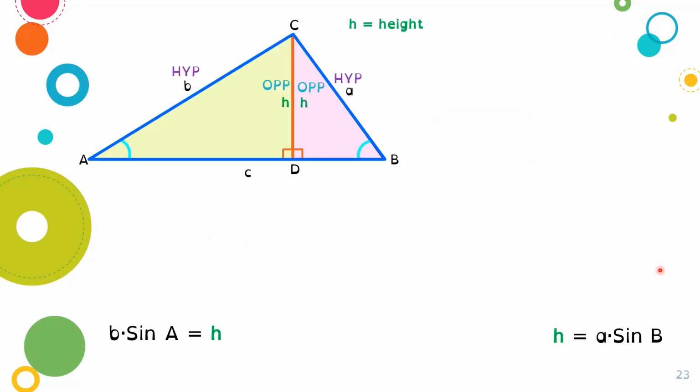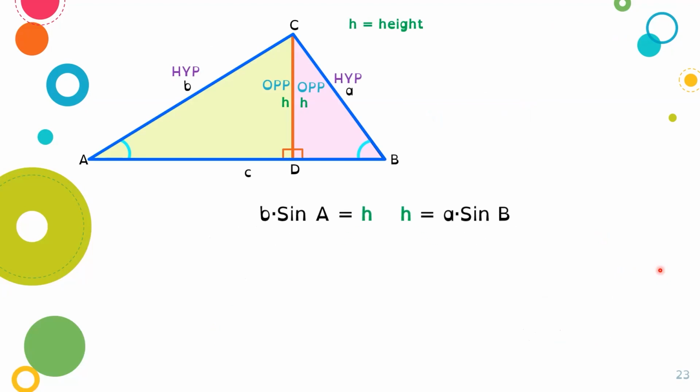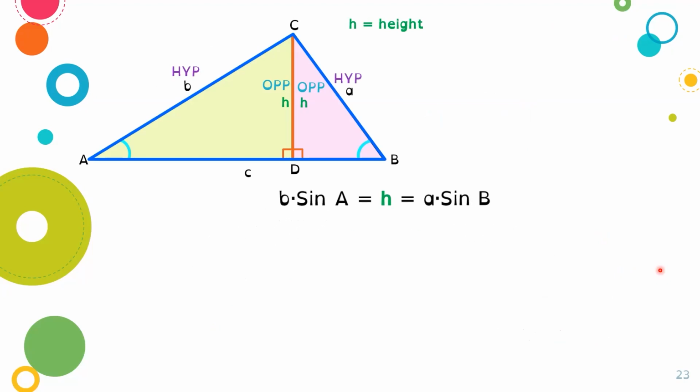If we look back at our big triangle, remember H is the height, a line in the middle of our triangle, and it is the same line. So both of our expressions are equal to H, which means they are equal to each other.